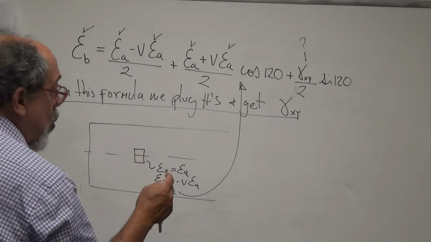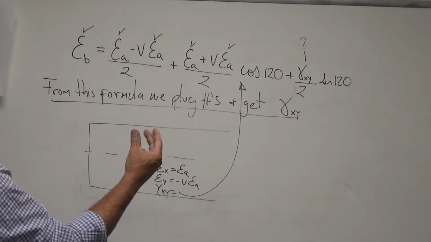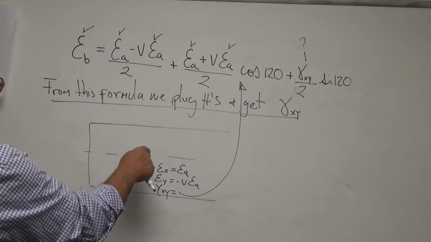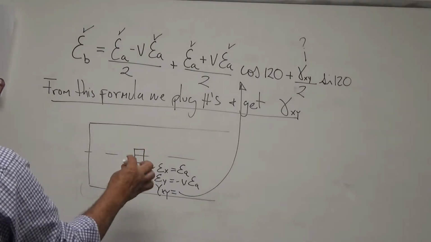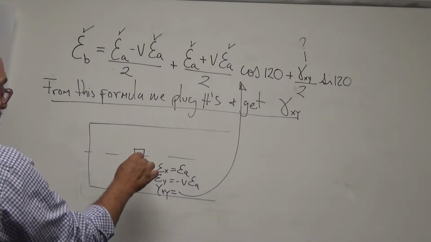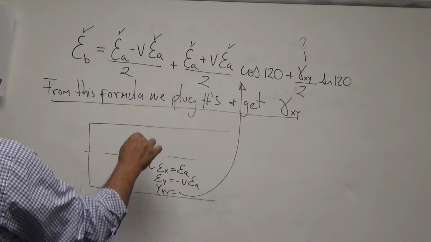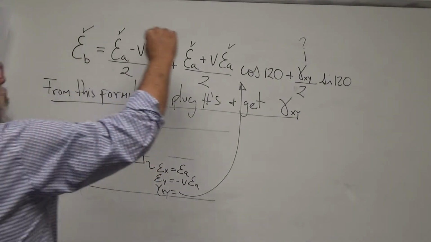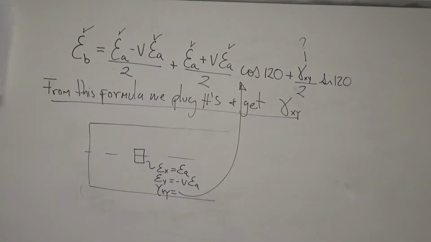There is no way to measure directly shear strain. So if I really wanted to know what is the shear strain, I would actually measure the strain in a direction and another inclined direction so that I can use this formula to find the shear strain, because I don't know how to measure it directly. Okay? So here we have now our shear strain gamma xy.